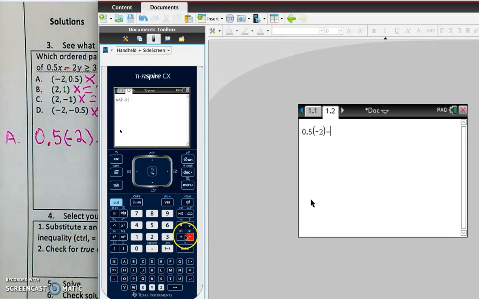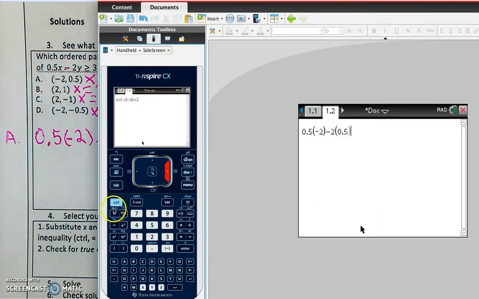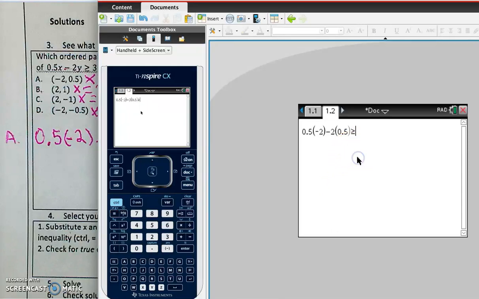That's very important because otherwise you might not get the right answer. So minus 2, parentheses, 0.5. Now to get the inequality sign, the greater than or equal to, since it is not an equal sign, you will see a bunch of little symbols right above the equal sign. So you have to press Control equals and then pick which sign you need. For us, we need greater than or equal to 3. So answer choice A was false, which means it is not the answer.